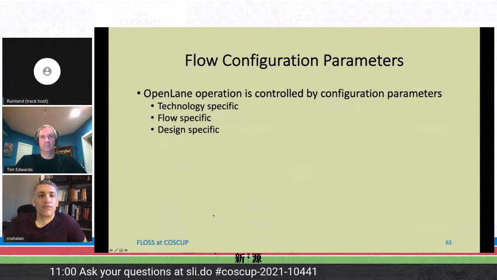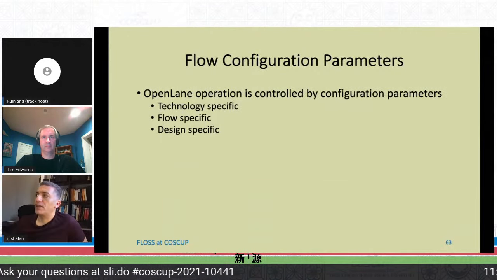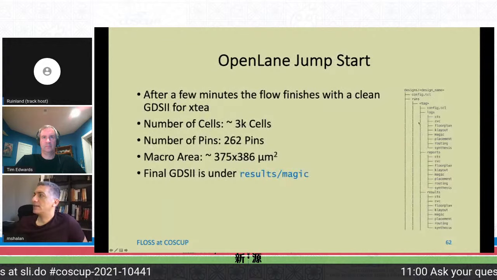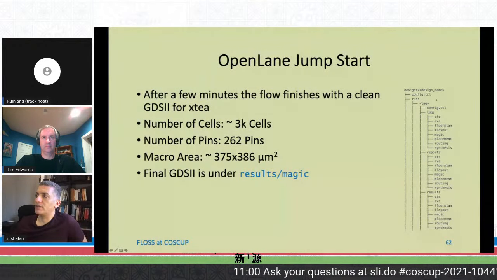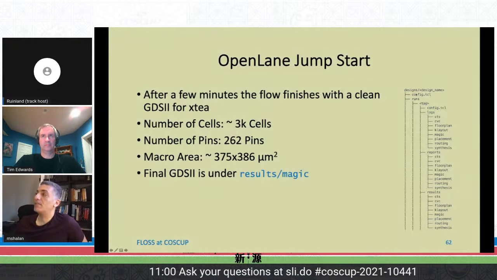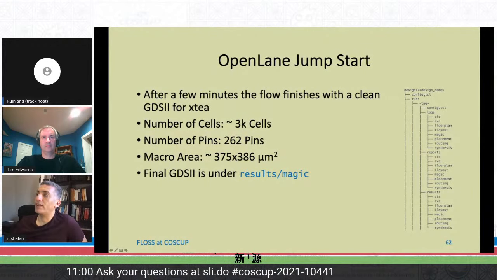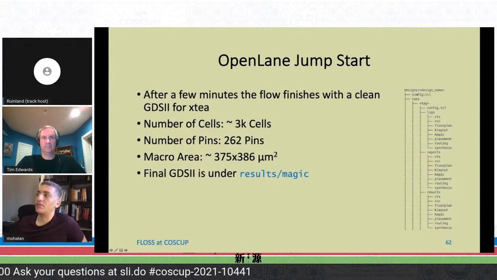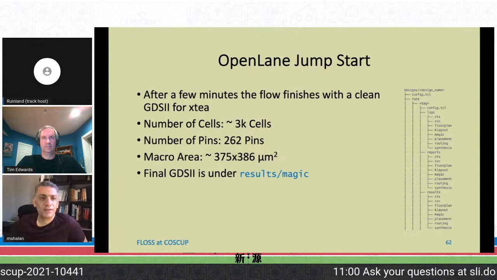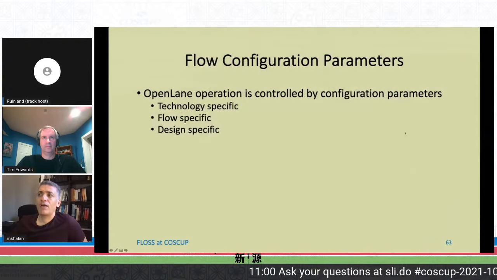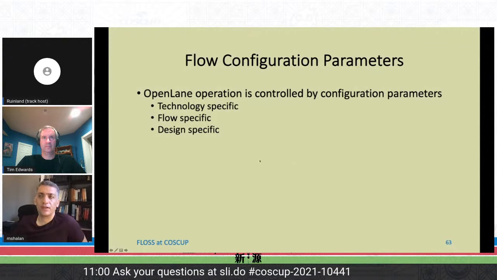The operation of OpenLane is controlled by configuration parameters, which are provided for the design in the config.tcl file, which should reside under the folder that contains the RTL files. We also have other configurations that are technology specific and flow specific.